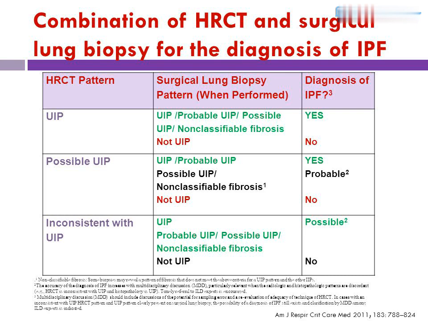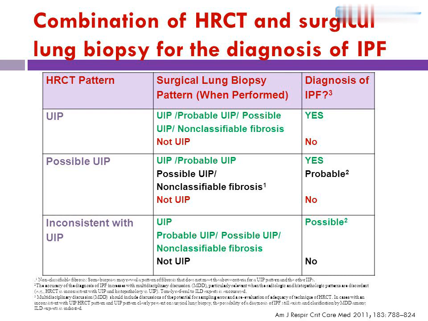Probable, inconsistent with UIP. Note 1: Non-classifiable fibrosis. Some biopsies may reveal a pattern of fibrosis that does not meet the above criteria for a UIP pattern and the other IIPs.